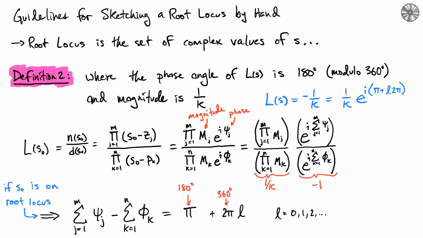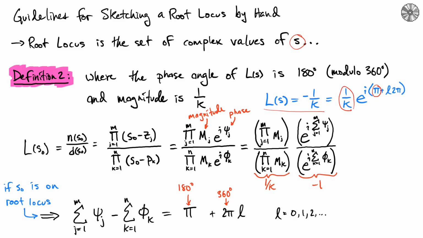Just to finish that idea up, we're going to look again at this second definition, where the magnitude has to be 1 over k and the angle has to be some multiple of 180 modulo 360. We said that the root locus is all the possible values of s that satisfy this condition.